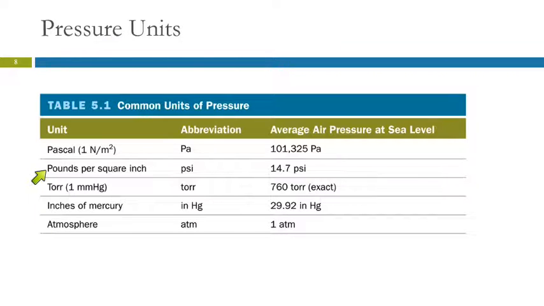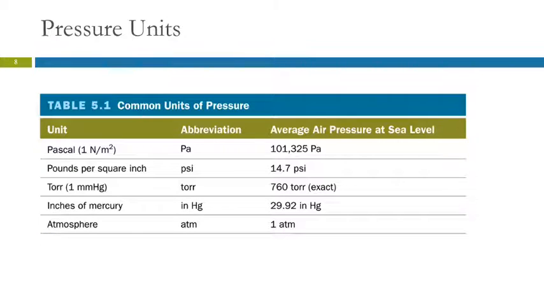Pounds per square inch. Here we've got that force per unit area, a pound per square inch. That's abbreviated PSI, and that's used like when you inflate your bike tires, your car tires, to a certain number of PSI. There's the torr. Inches of mercury is what the meteorologists use, and then atmospheres.